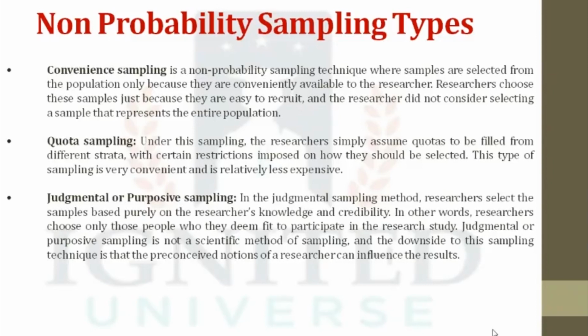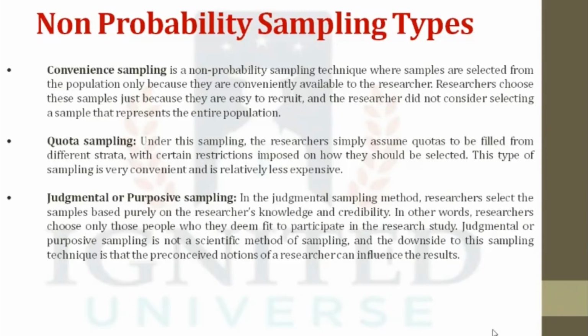Judgment sampling, or purposive sampling, occurs when elements selected for the samples are chosen by the judgment of the researchers. Researchers often believe that they can obtain a representative sample by using sound judgment, which will result in saving time and money. So, researchers choose only those people who they deem fit to participate in the research study.